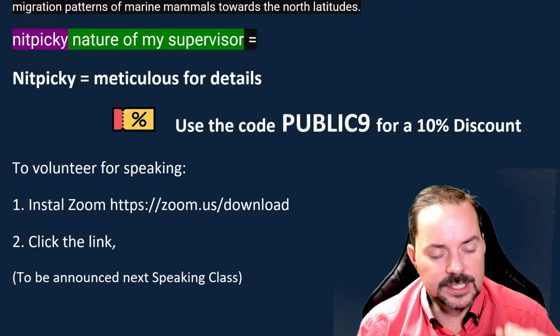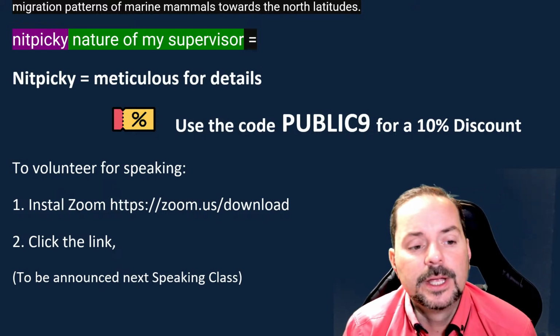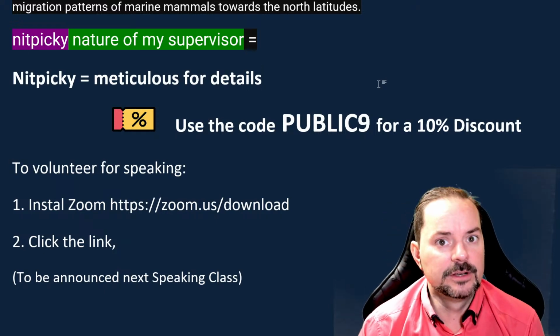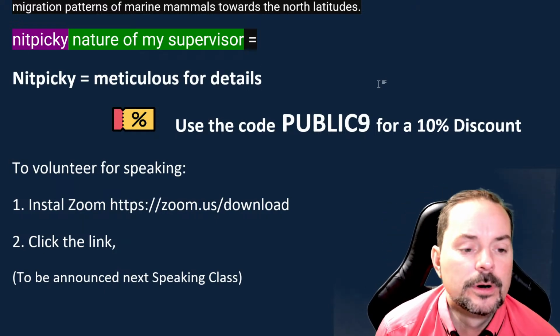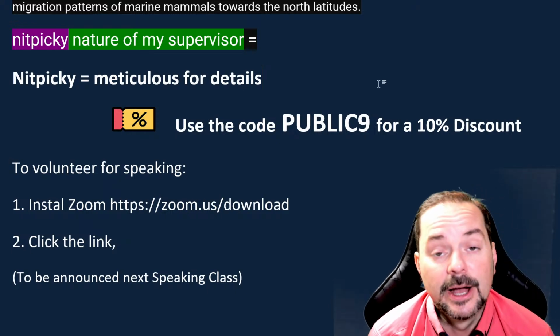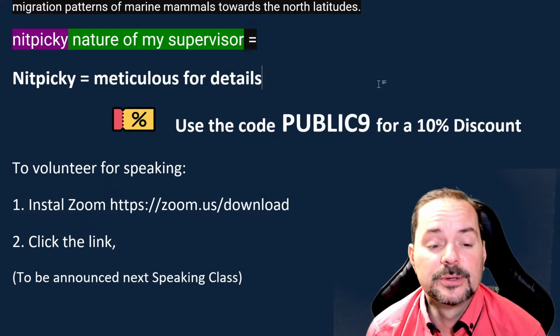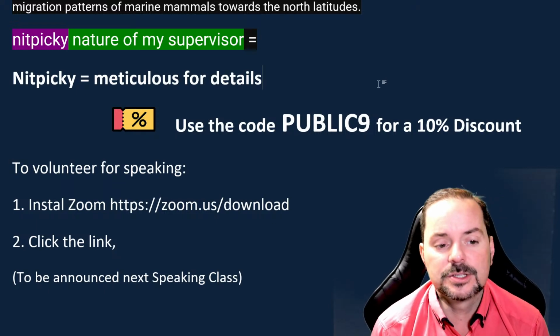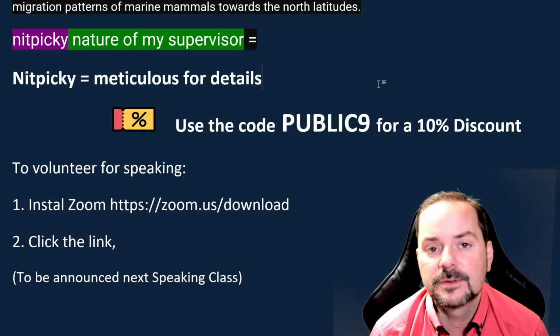Exactly, and there's a reason I'm explaining this word for you, right? I have also done very advanced research in developmental neuropsychology, and we sure do get nitpicky in those master's and PhD level studies and in science. So nitpicky means meticulous for details.